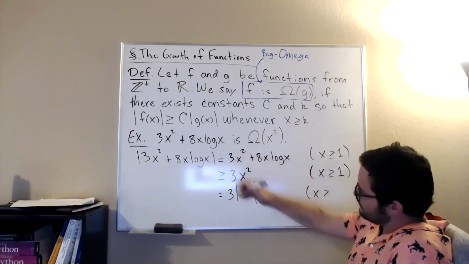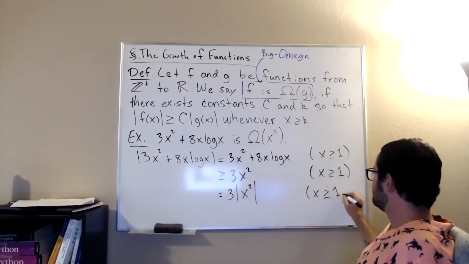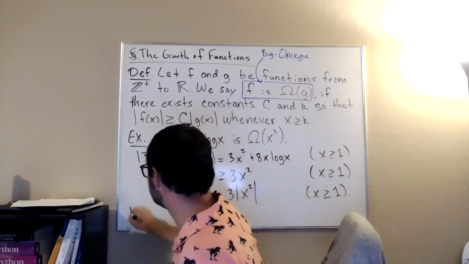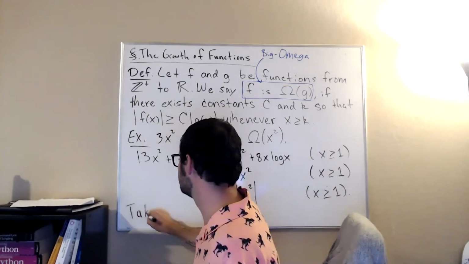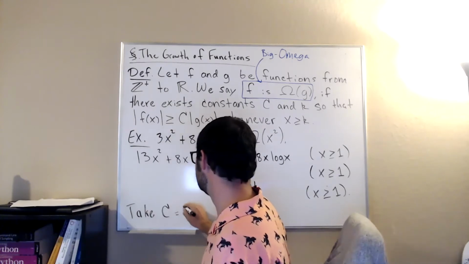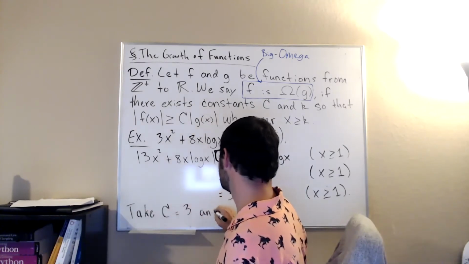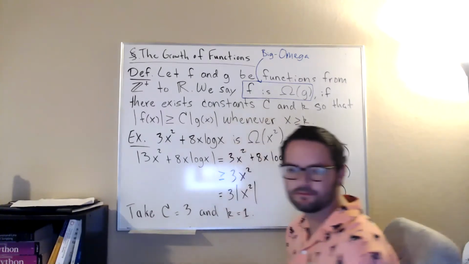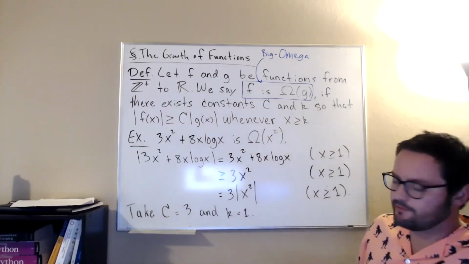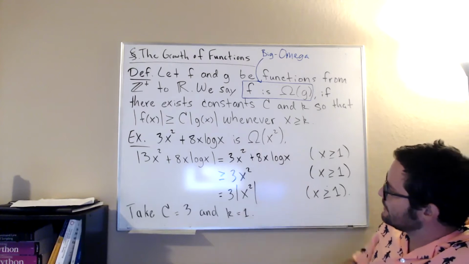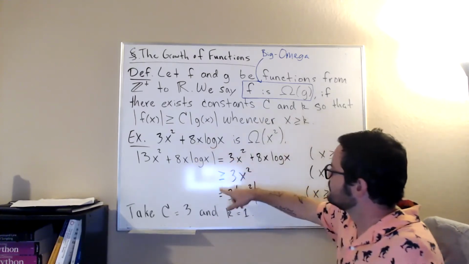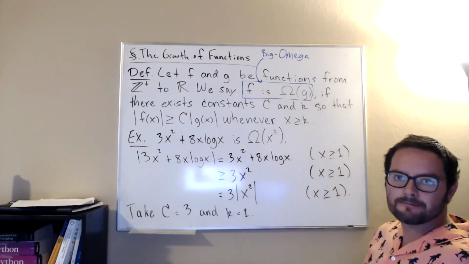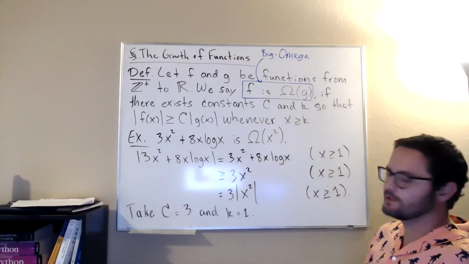And all of these inequalities and equal signs again follow when x is greater than 1. So we just have to take c to be 3 and k to be 1. And then we found our witnesses, and this function is bounded from below by a constant multiple of that function. Okay?